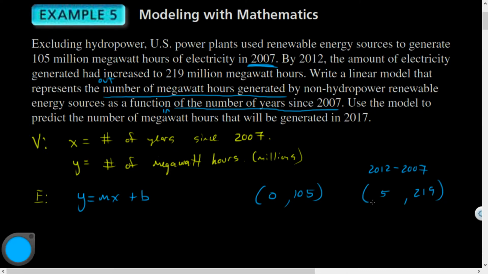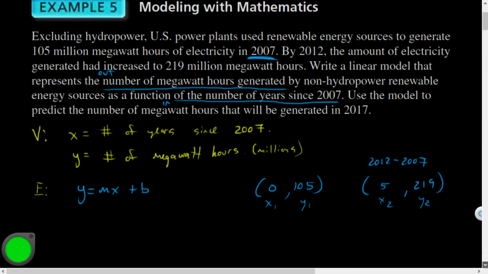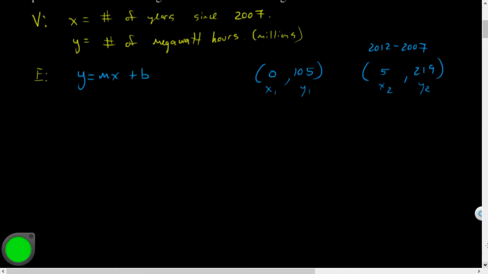So if I want to find the slope for this, I'm going to label this x1, y1, x2, and y2. So let's find the slope using our slope formula. All right, so far I've done the work of interpreting this into mathematical content instead of just the real world situation.